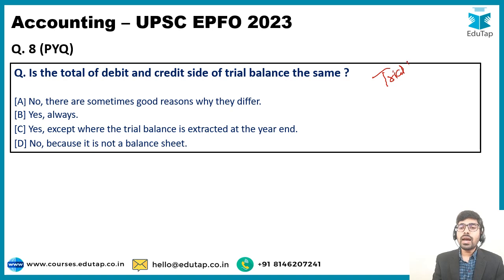So in the accounting process, the first thing that we are doing is we record all the transactions in a sequential manner, okay, and this is done in a journal.